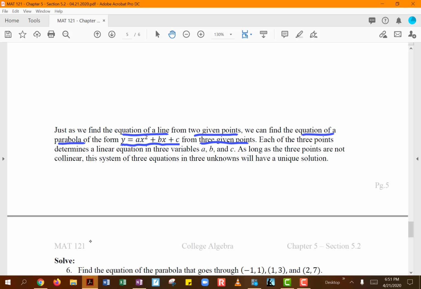So to find the equation of a parabola, we would need 3 points to help us determine the three variables a, b, and c, which are the coefficients a, b, and c in the equation of our parabola. And they are saying as long as these 3 points are not collinear. When we say collinear, we're saying they should not be in one straight line with each other.